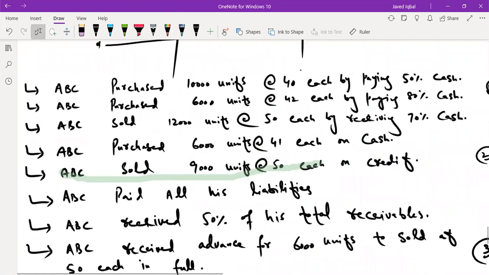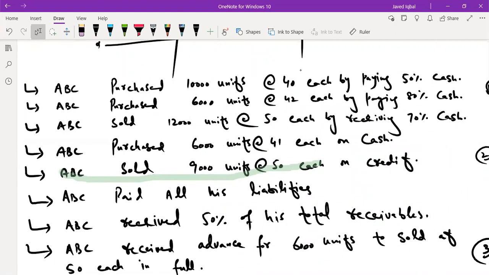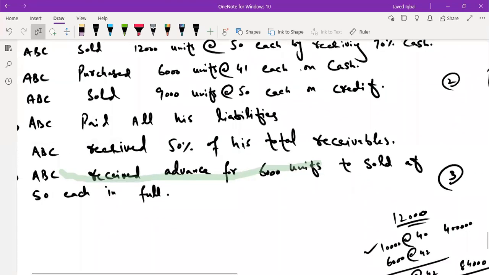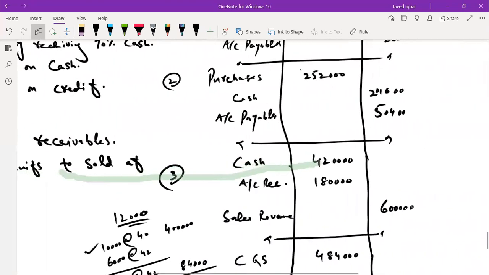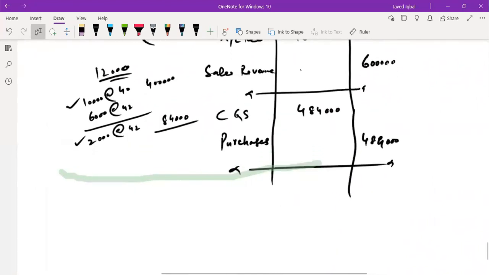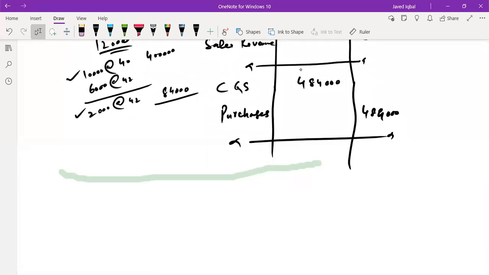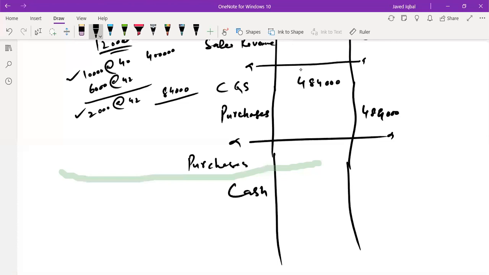Your next transaction is you once again purchased 6,000 units at 41 each on cash. So once again you have a purchase transaction. Your purchases will be debited and you purchased them on cash. So this would mean 6,000 multiplied by 41.